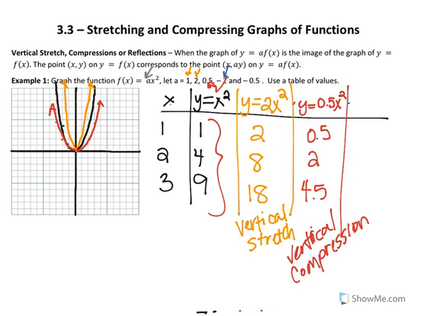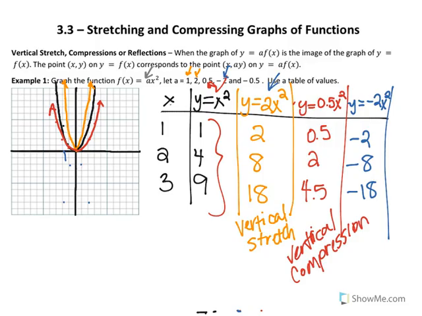Okay, now let's do -2. So from last lesson, you should know that it's going to have a reflection. So it's going to look exactly like this graph, but it's going to be reflecting downwards. So instead of going over 1 up 2, we're going over 1 down 2. And then over 2 down 8.